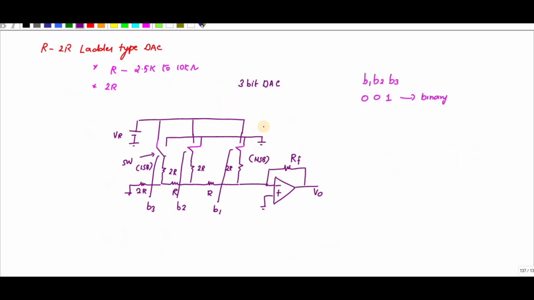Okay, so if this is the case, you will get at this point the output, let me assume this is VC. So the VC value is nothing but VR by 8.